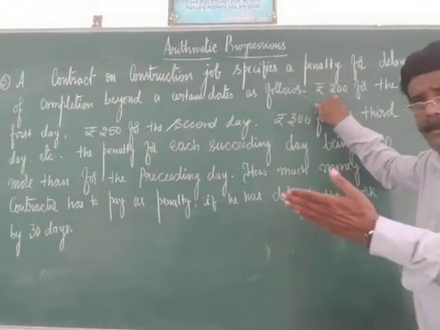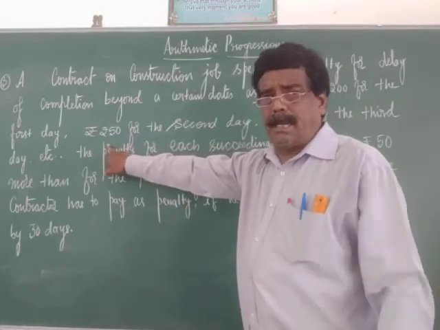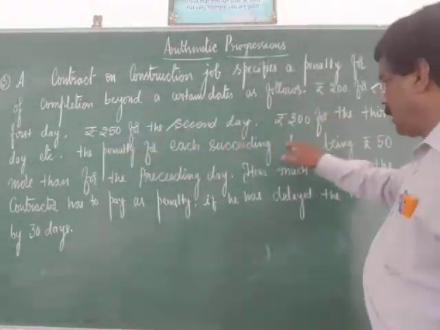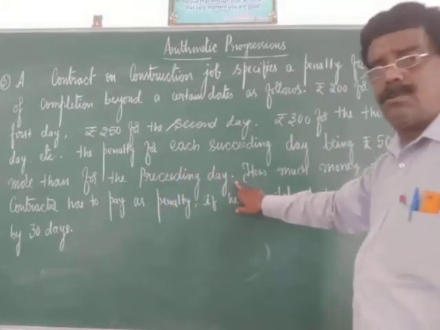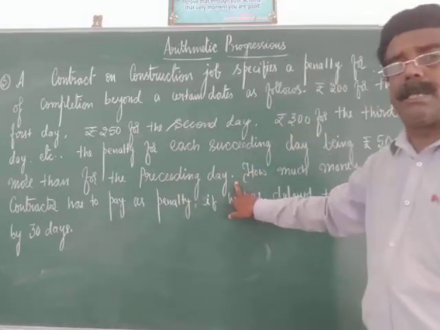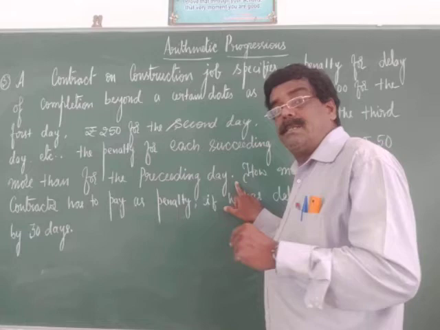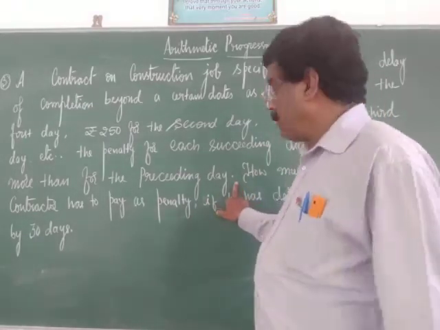Again one more day means still 50 to add. That is 250 you will be getting. Next day again 50 you have to add, 300. Like that, that's the meaning here. Every day you have to go on adding 50, 50, 50 rupees like that. That is nothing but the common difference. You must know that. You will be knowing later when writing.